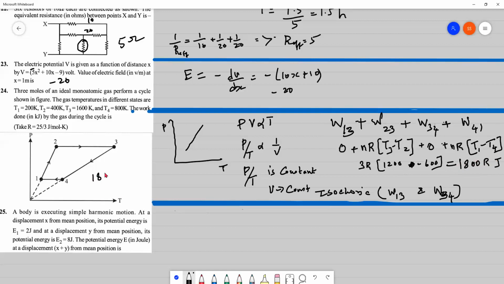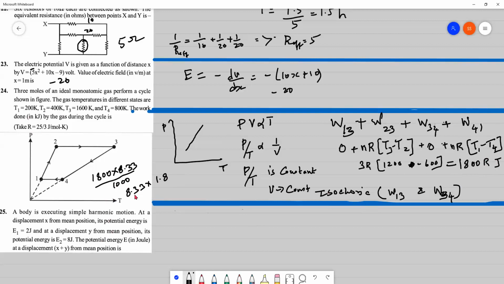1800 into 8.33 by 1000. They are asking in kilojoules. Here you are finding in joules. Divide by 1000, you get it in kilojoules. So 1.8 into 8.33. 0.33 is 1 by 3 approximately.